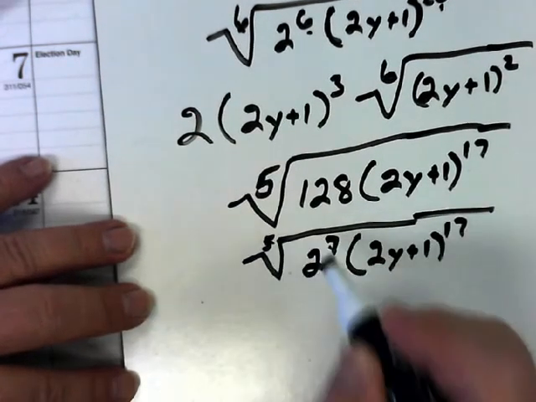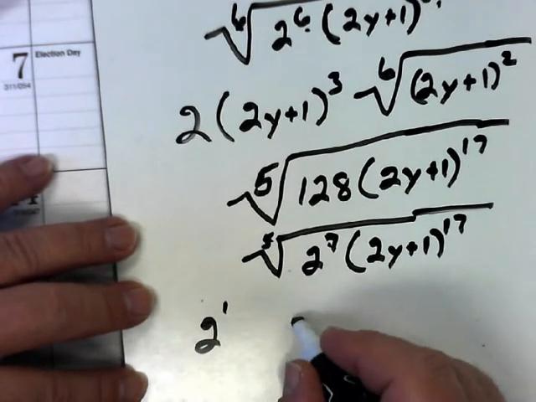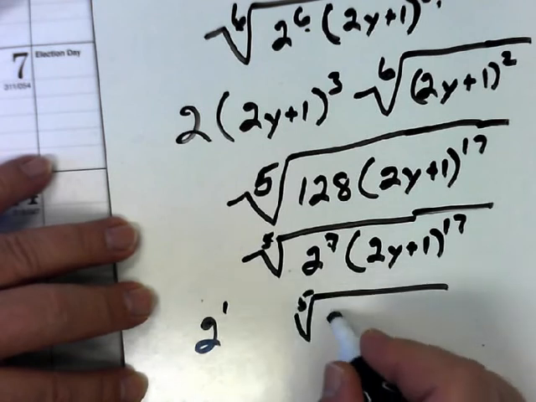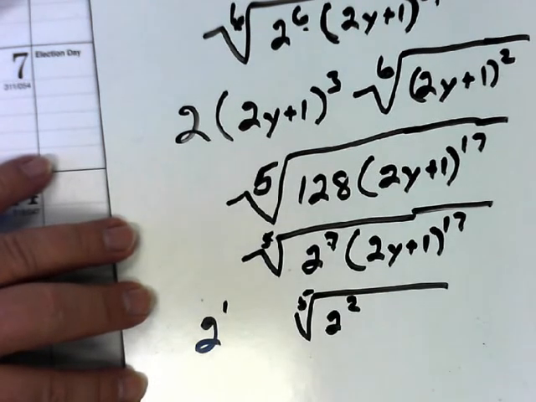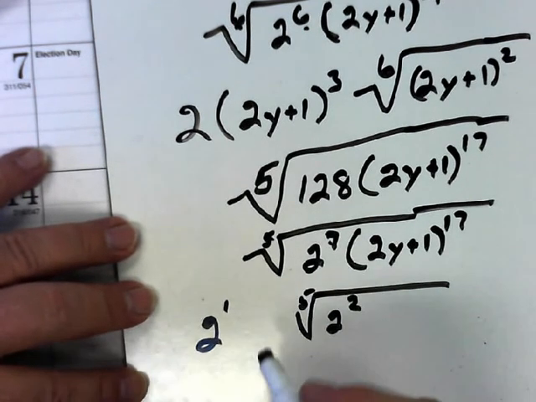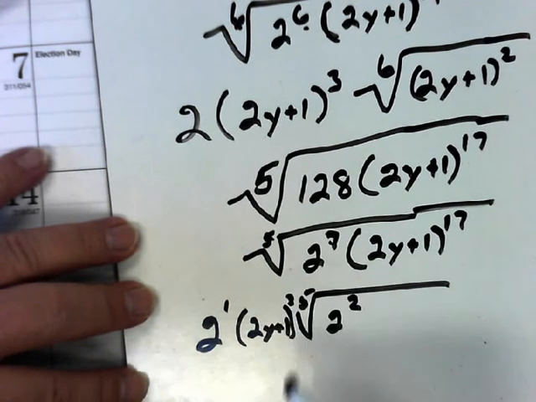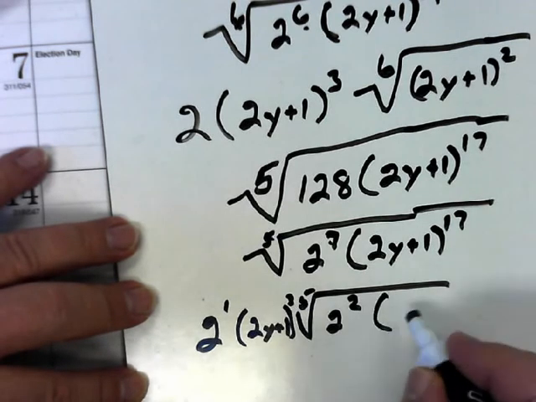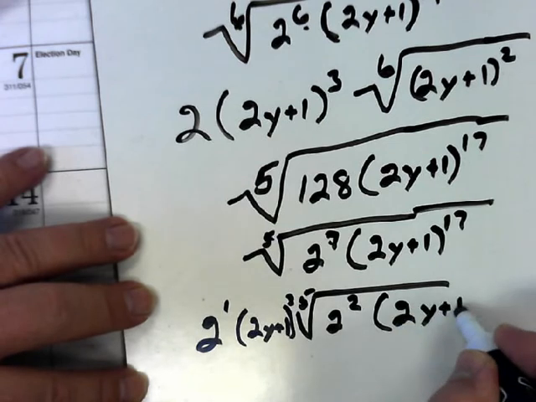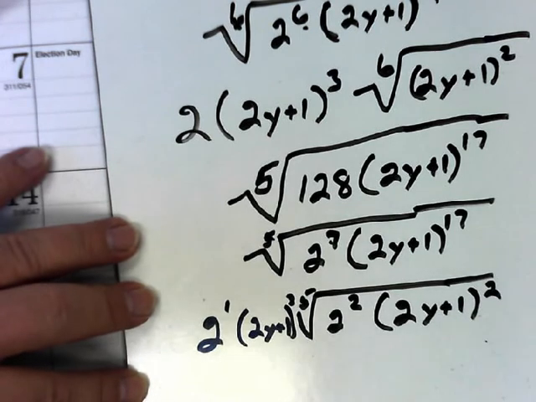Will 5 go into 7? So I'd have 2 to the 1, but inside of here, I would have 2 to the 2nd, wouldn't I? Will 5 go into 17? So I'd have 2y plus 1 to the 3rd power. And what would I have left over in here? I'd say 2nd. 5 goes into 17, 3 times 5 is 15, which leaves me with 2.